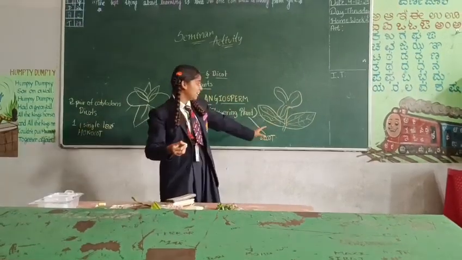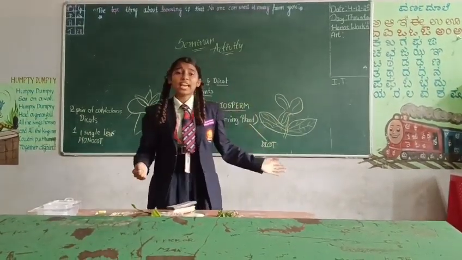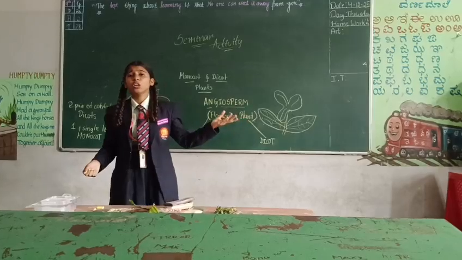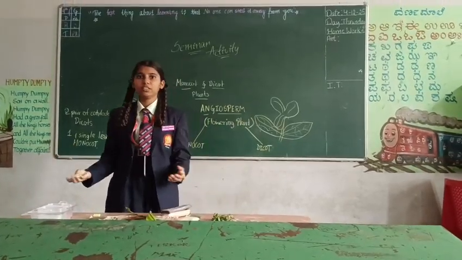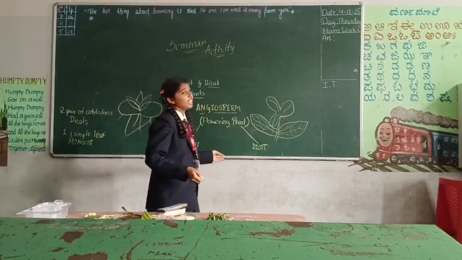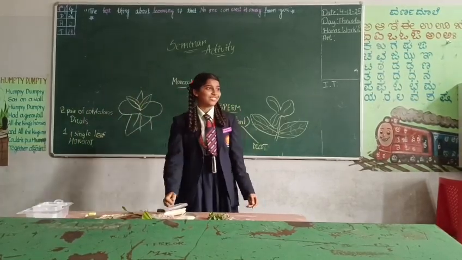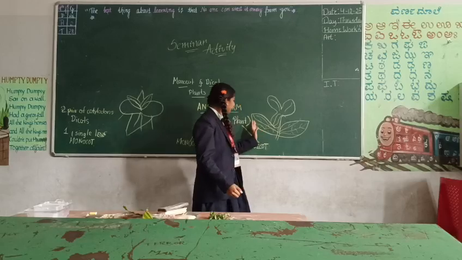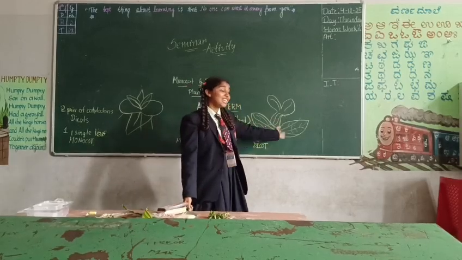This plant's name is trillium. Can anyone say whether it is a monocot or a dicot? Anyone? Dicot. But actually it is a monocot. I am giving it as an example.